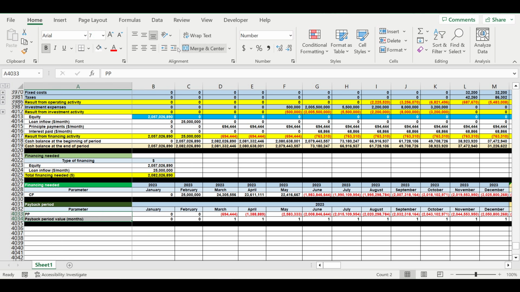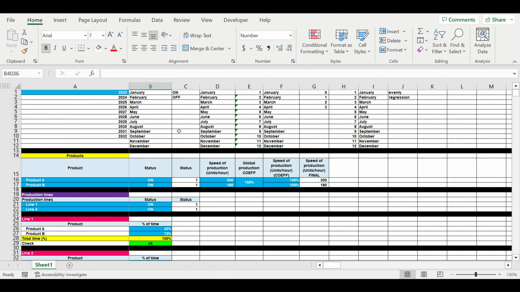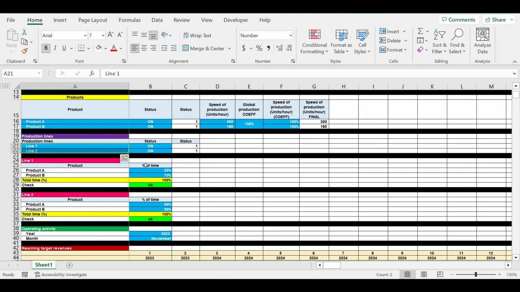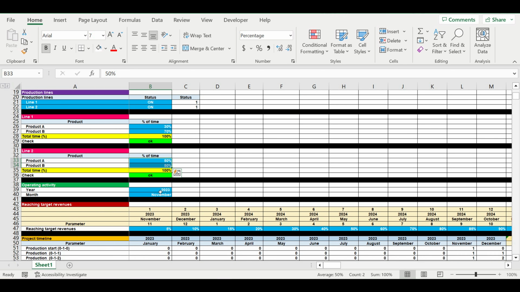First of all, I'll give you a short overview of what we did before. Blue color is the color of inputs in our model. We have product A and product B. We can switch these products from calculations using on and off buttons. We have two manufacturing lines. We can switch them on and off as well. Here we can allocate the time for product A and product B manufacturing on each line.